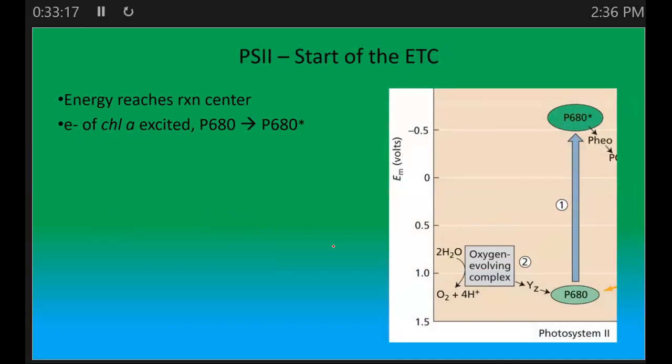That's the way to say that chlorophyll electron got excited. Then if everything goes okay, that electron will get donated off to pheophytin, which you can just abbreviate to pheo. Pheophytin is actually a chlorophyll molecule that's been slightly modified. And so pheo gets that electron.